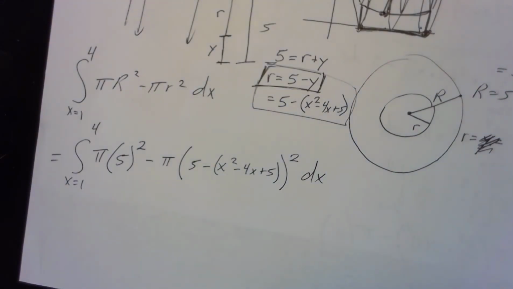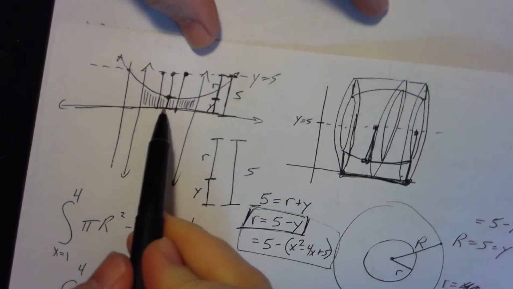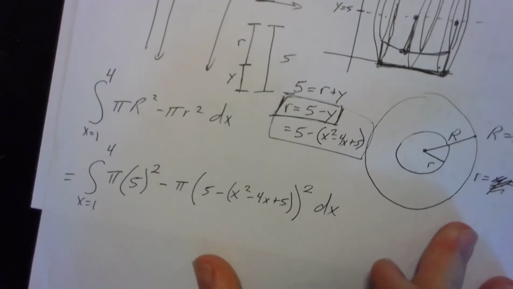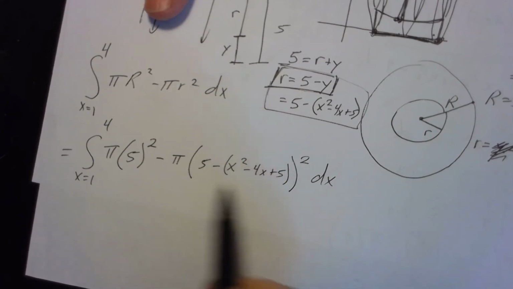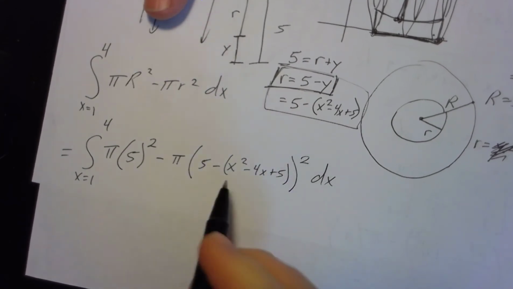So right there is the setup for the integral of the volume of this region rotated around the line y equals 5. And for this one to finish, you'd have to first distribute this negative, combine like terms where appropriate, FOIL the square out, square the 5 out, and then integrate.